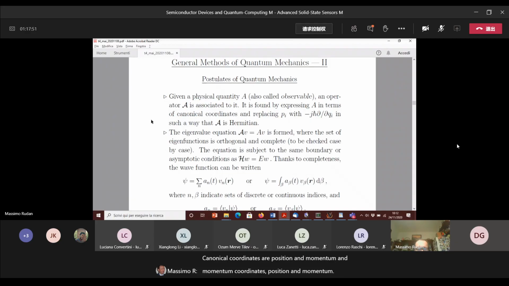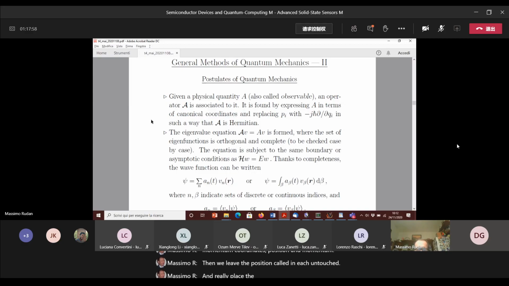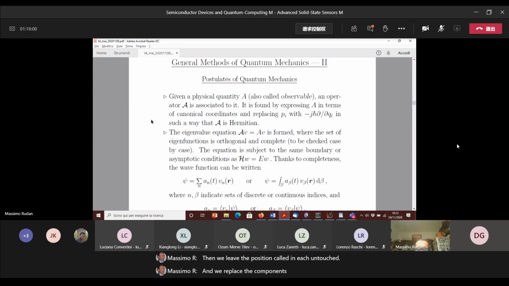Then we leave the position coordinates untouched, and we replace the components of the classical momentum with the components of the momentum operator, minus j h bar, derivative with respect to q_i.